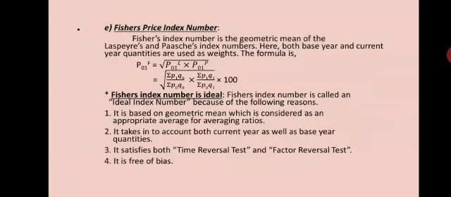The second point is it takes into account both current year as well as base year quantities. The third point is it satisfies both time reversal test and factor reversal test. And the last point is it is free of bias.